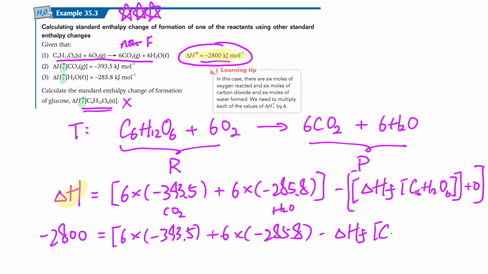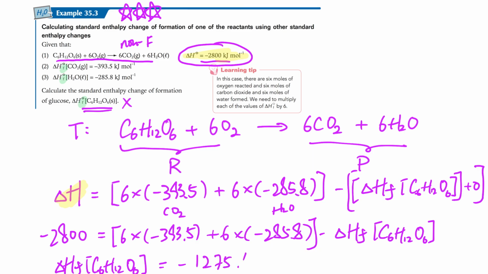So what you need to do is just rearrange the positions of these values, and then you can find out the formation of glucose. The answer for this one has to be negative 1,275.8 kilojoules per mole. So it should be correct.